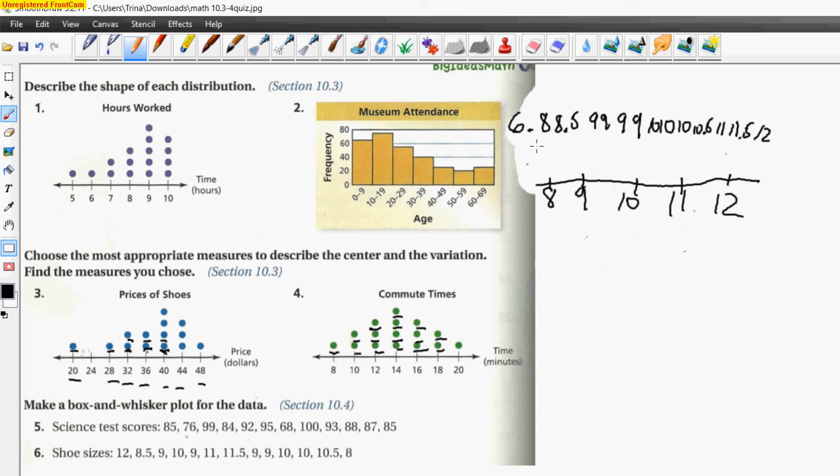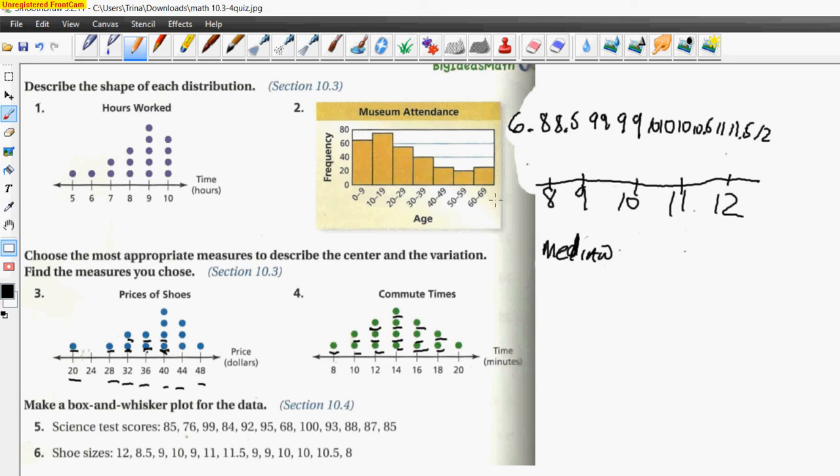So what is the first thing that we need to do? Let's count how many numbers we have, of course. 1, 2, 3, 4, 5, 6, 7, 8, 9, 10, 11, 12, 13. We have 13 numbers. So we know our median is going to be what? Let me write median down here for you so you'll know exactly what we're dealing with. Our median.